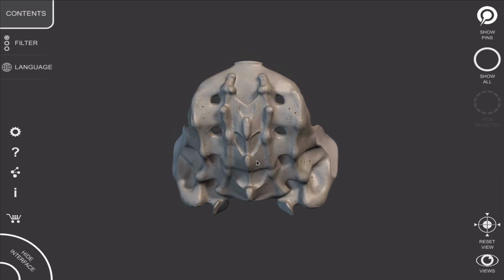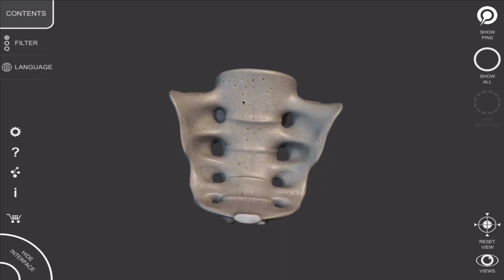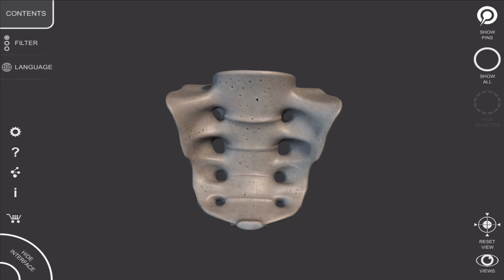There are some parts to the sacrum, but I'm not going to worry about that. You can see that the sacrum was 5 different vertebrae. 1, 2, 3, 4, 5. They fused together shortly after birth. And you can see that the intervertebral foramen are located here, which sacral nerves will exit through.